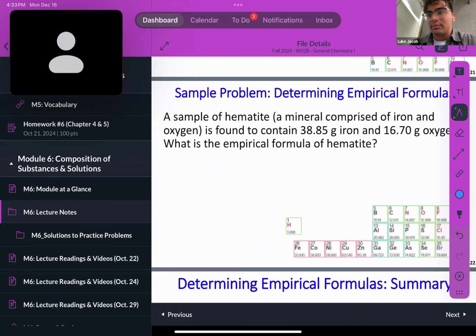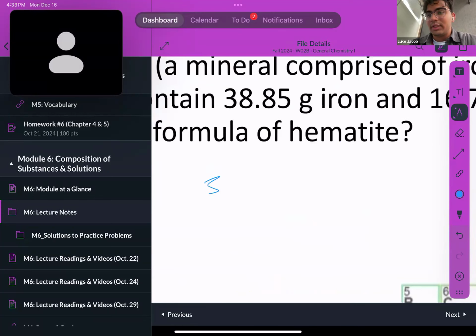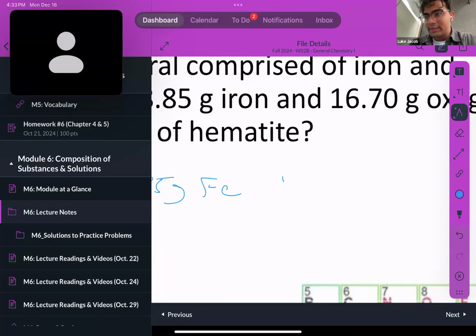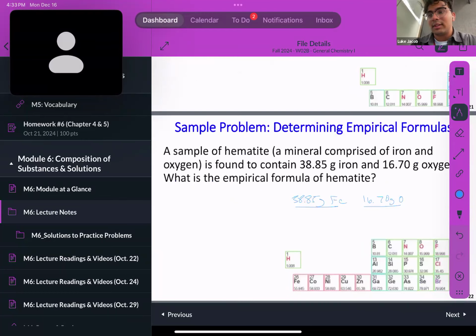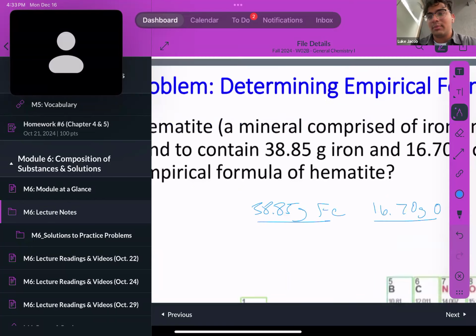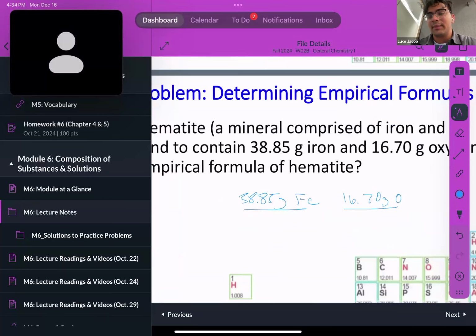So for this kind of question, we're going to do 38.85 grams of iron and 16.70 grams of oxygen. You're supposed to divide by the molar mass of each of the atoms to find the empirical formula of this ionic compound.